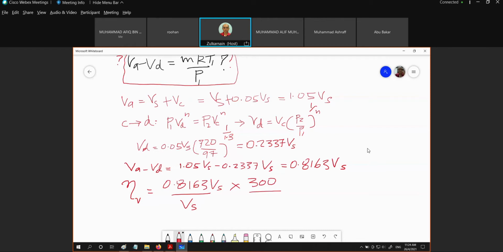The T1 is 308. P1 is 97, and P0 is 101.3, times 100 to change in terms of percentage.